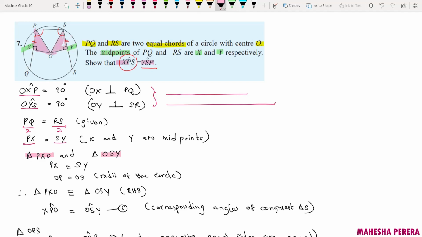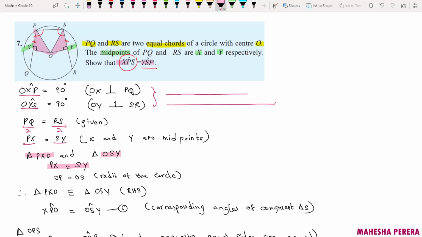If you consider these two triangles, we know definitely PX equals SY. Why? Because half of the equal chords are equal.